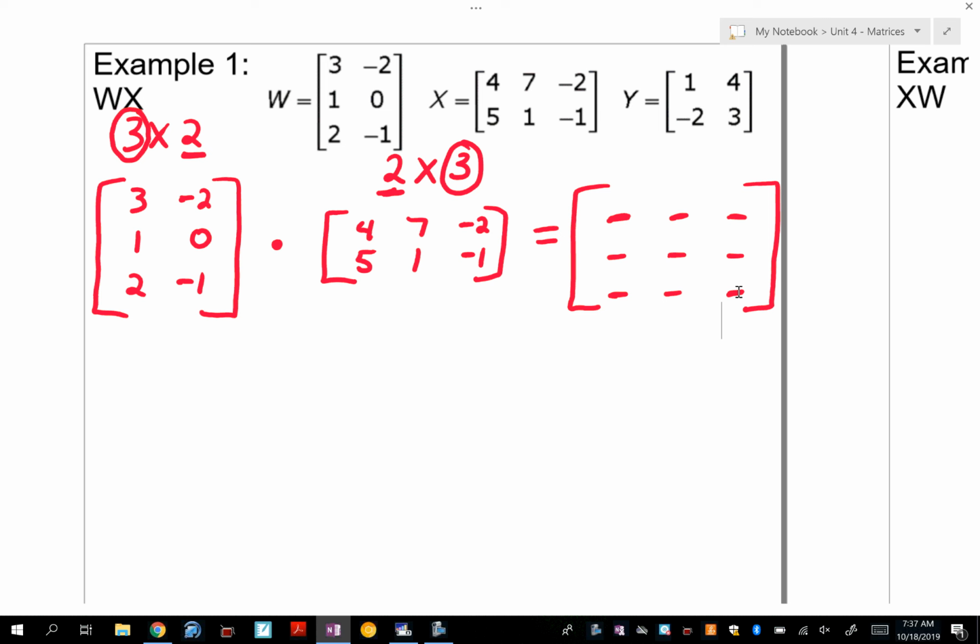The rows of the first matrix times the columns of the second matrix. Excellent. Here's a little cheat to help you remember that. Put an arrow going this way on the first matrix, telling you to use the rows, and then an arrow going this way on the second one, telling you to multiply by the columns.